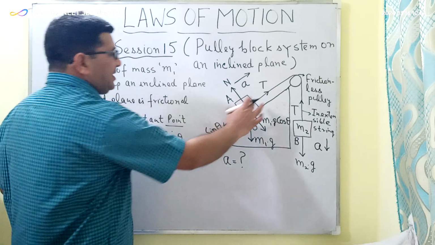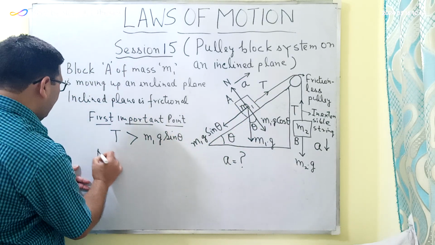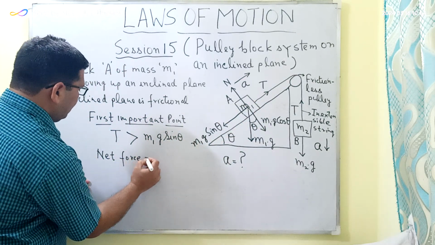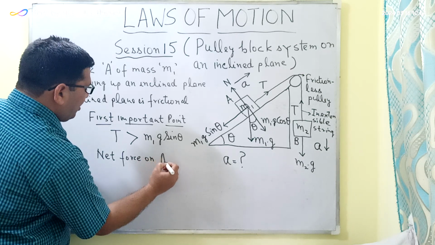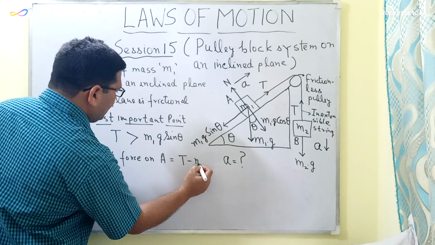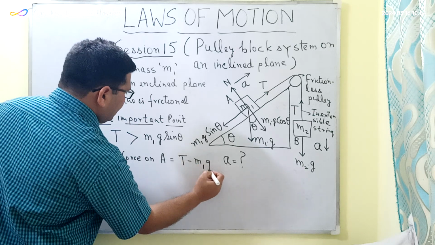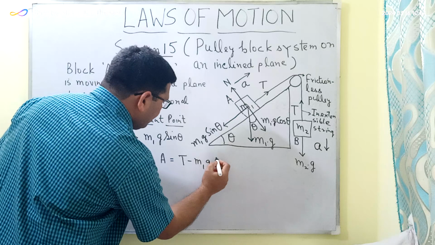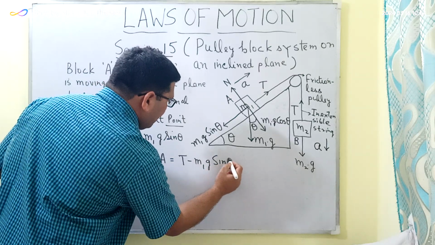So the net force on this block A will be equal to T minus m1g sin theta.